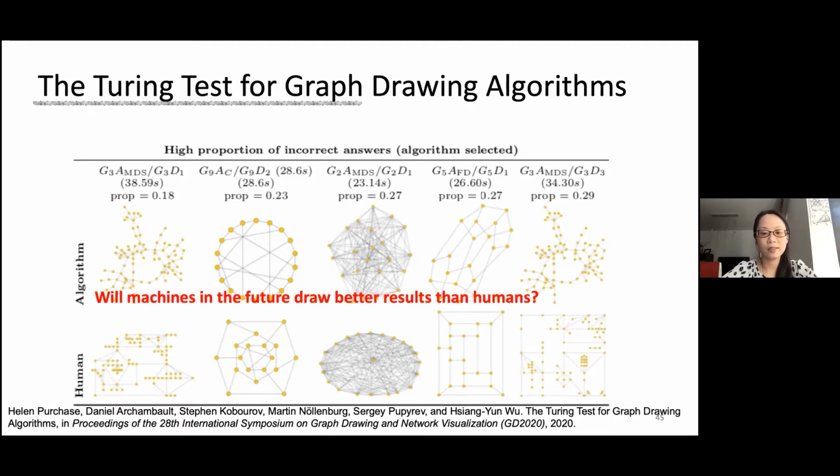And we realized that most of the time humans can still recognize what is drawn by the machine, especially for those orthogonal or circular representations, which have a strong tendency. But for approaches like the spring force algorithm or organic layout, most humans cannot identify the difference between machine-generated and human-generated layouts.